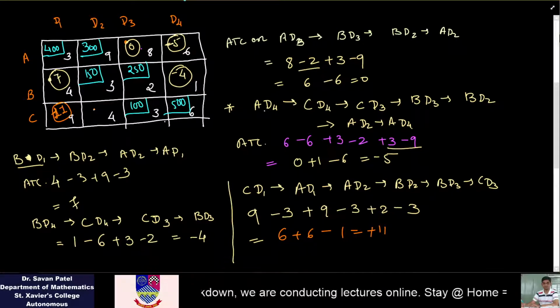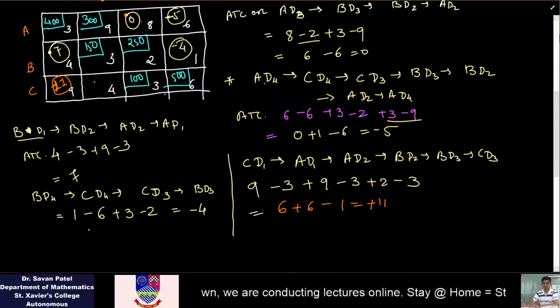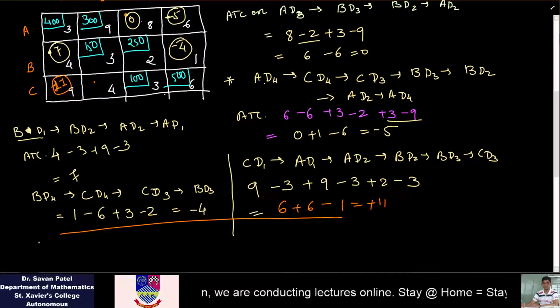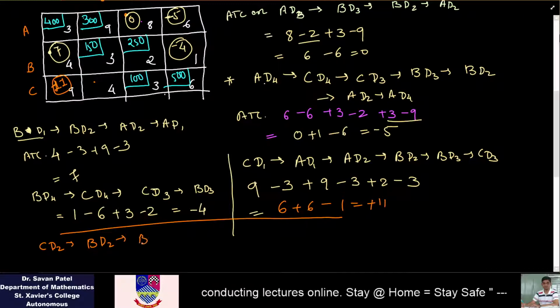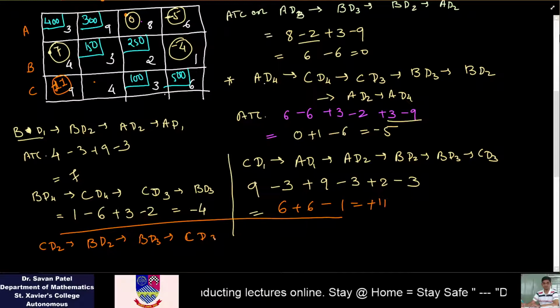Now for this point, the additional transportation cost, that is from C to D2, CD2. From there we can go to BD2, BD2 to BD3, BD3 to CD3, and then come back to CD2.